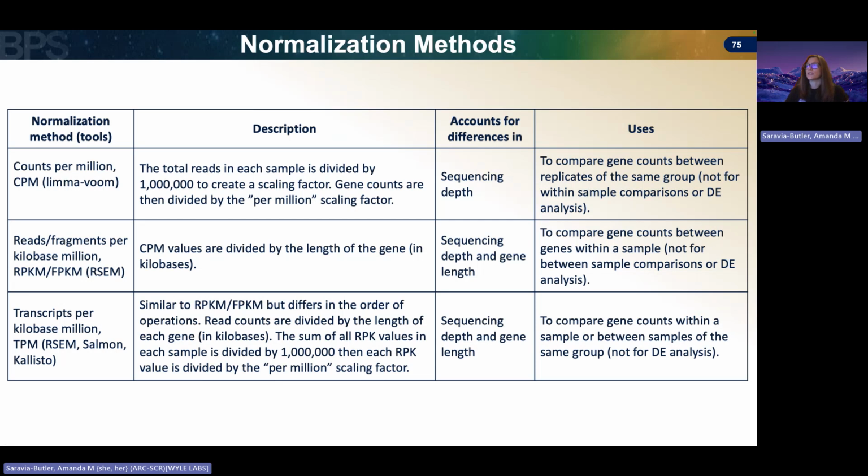And that's going to account for sequencing depth differences and gene length differences, but again, not RNA composition. So this is useful to compare gene counts within a sample or between samples of the same group. But again, you're not going to want to use it for differential expression analysis because you're not taking into account that RNA composition.